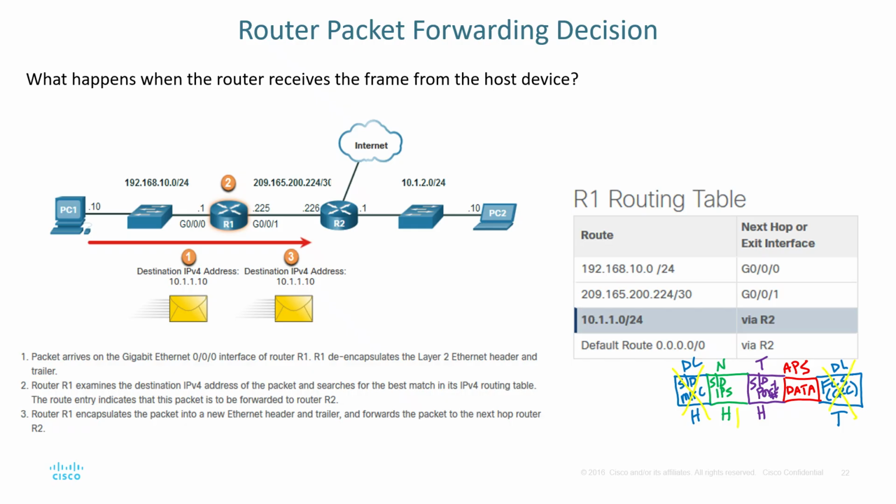It gets the destination IP address from here, and then it has to re-encapsulate it with a new header for the data link layer and a new frame check sequence.